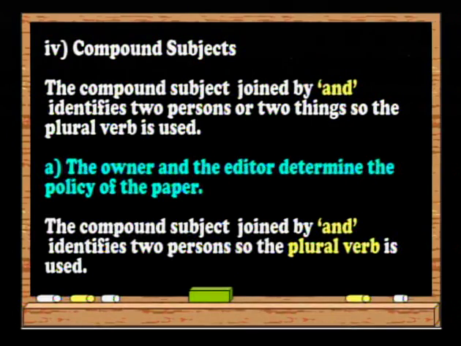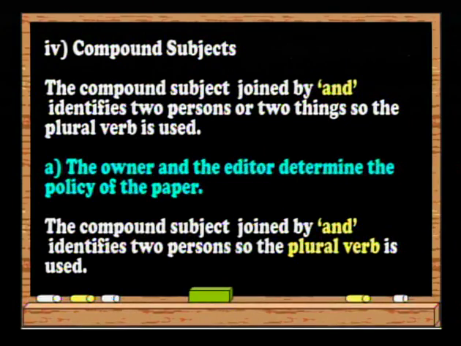Let's take a look at compound subjects. The compound subject joined by and identifies 2 persons or 2 things, so the plural verb is used. The owner and the editor determine the policy of the paper.